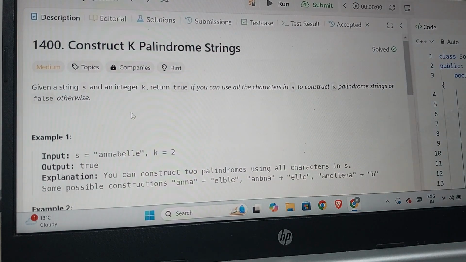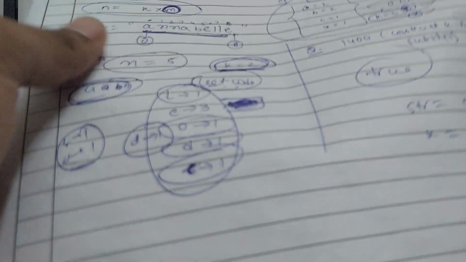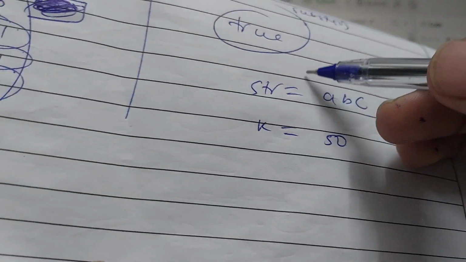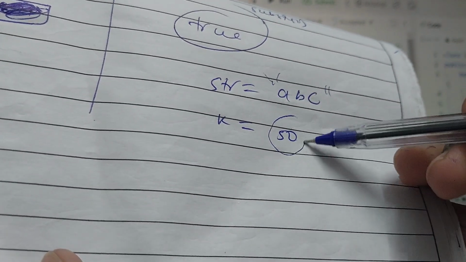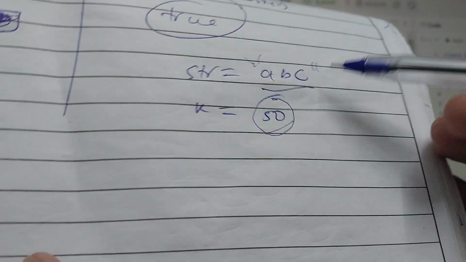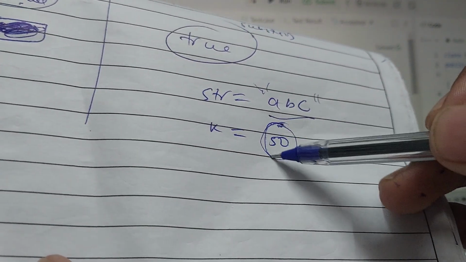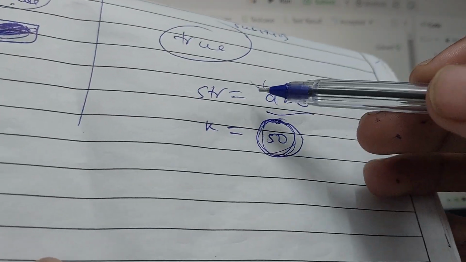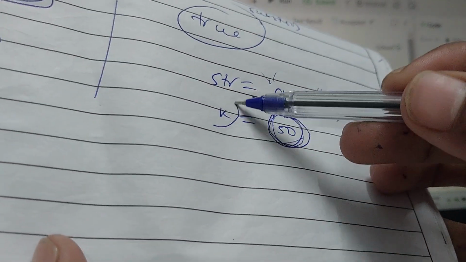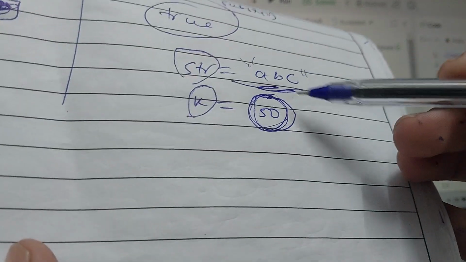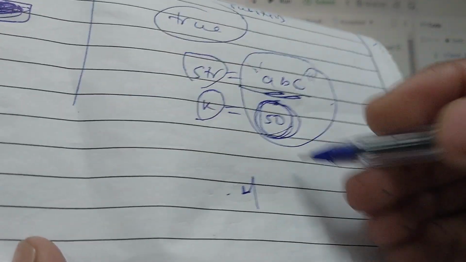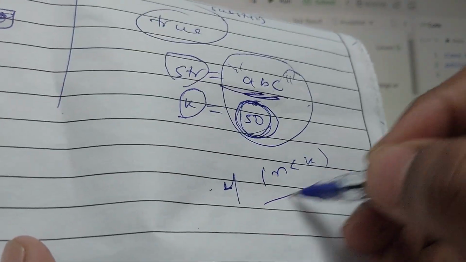Let's suppose you have str equal to abc and k is equal to 50. Now can you make 50 palindrome substrings from this? Is this possible anyhow? No, because at minimum the string length must be at least k. So in this case, if n is less than k, we have to return false always.